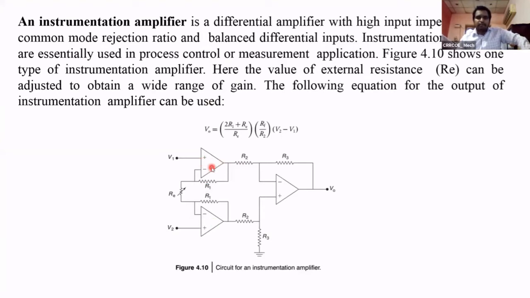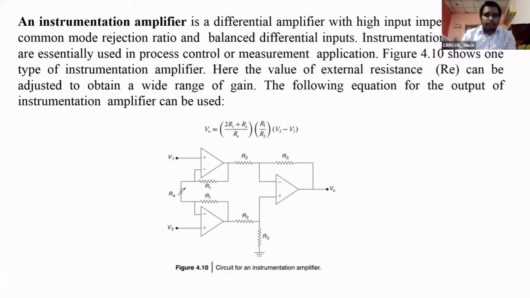The main advantages of the instrumentation amplifier are high input impedance and high common mode rejection ratio. Because of these two characteristics, the instrumentation amplifier is used for measurement applications, means these are used in instrumentation.